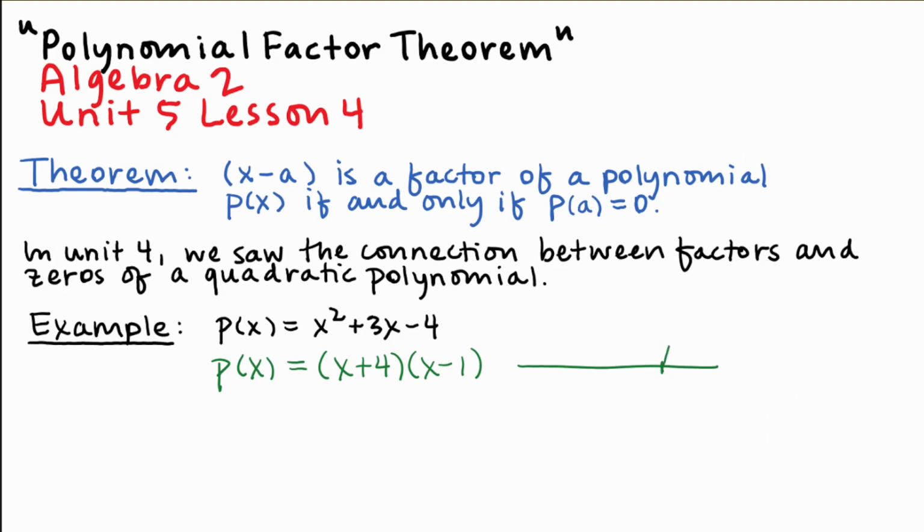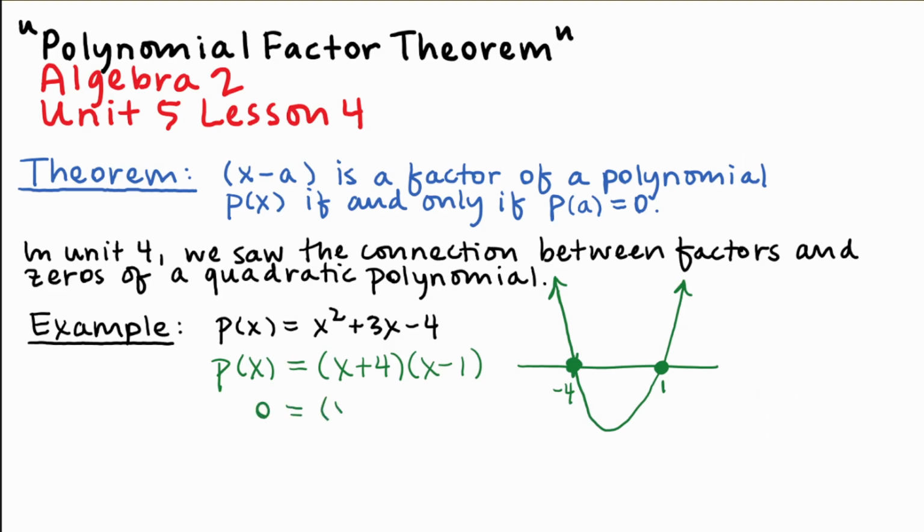Actually, I'm going to draw the graph of this first before I commit to the location of any zeros. So we had positive 1 and negative 4 as the zeros of the parabola. The reason we knew this is that a zero, like these points right here and right there, is a place where y equals 0, where p of x equals 0.